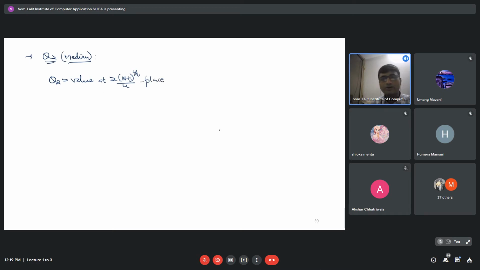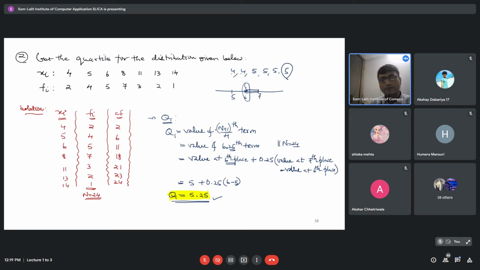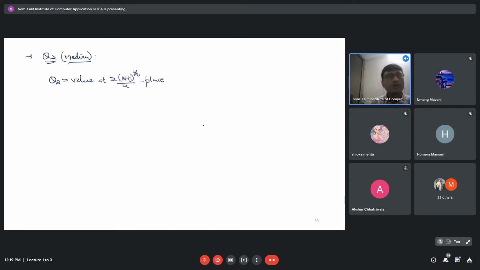What we did here was the first quartile, so we had i equals 1. Now you have i equals 2. So the value of this is by 2. And what is n here? n is 24. Right? So how much will it be? Is this correct?